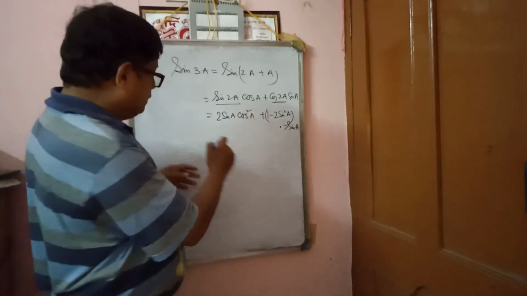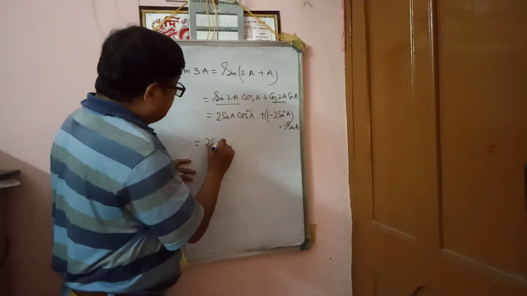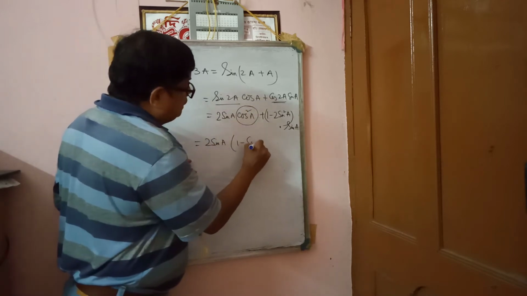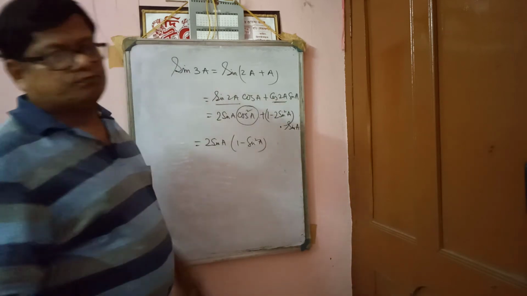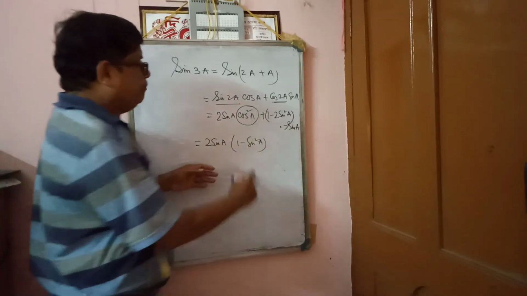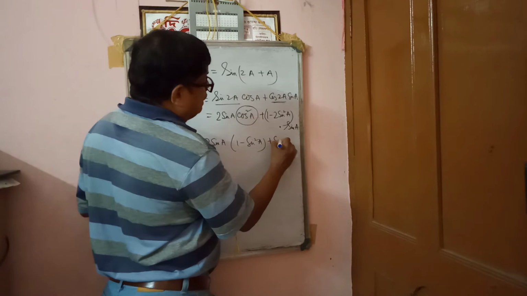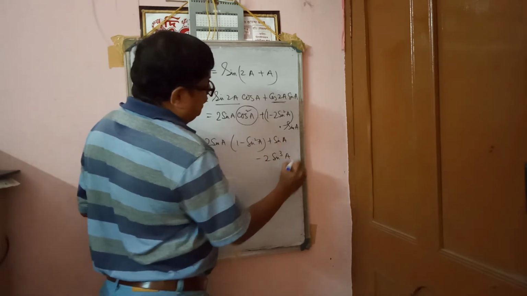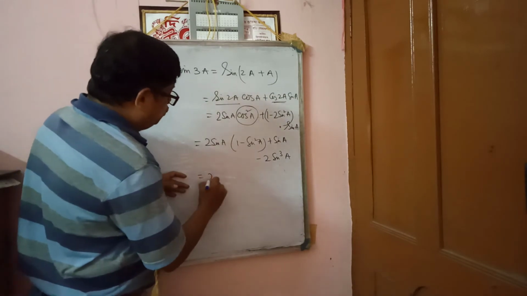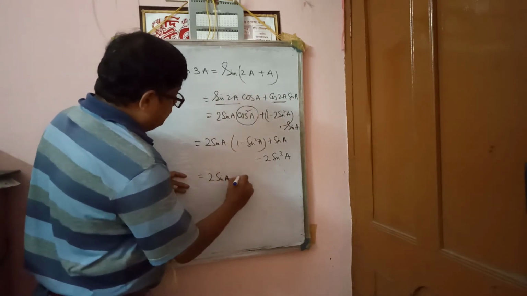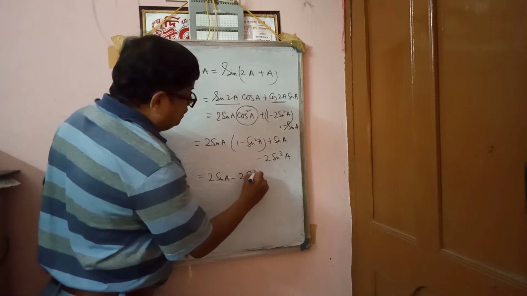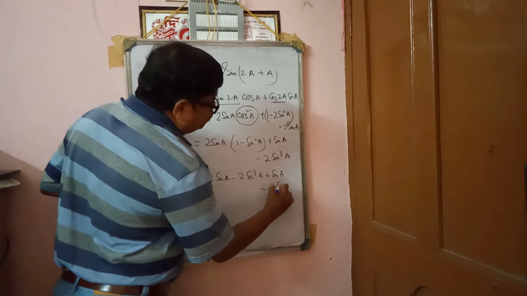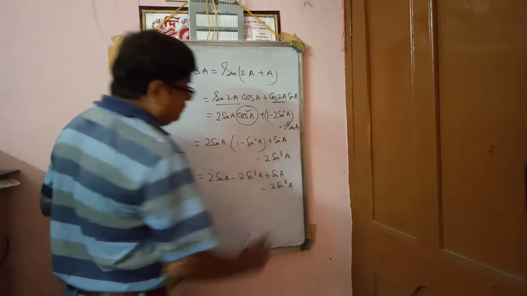Okay, now multiply. So 2 sin a cos square a, you can write as 1 minus sin square a for cos square a. Now multiply here, plus sin a minus 2 sin cube a. Now multiply: 2 sin a minus 2 sin cube a plus sin a minus 2 sin cube a.